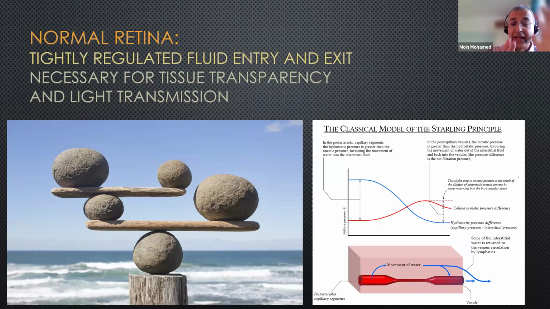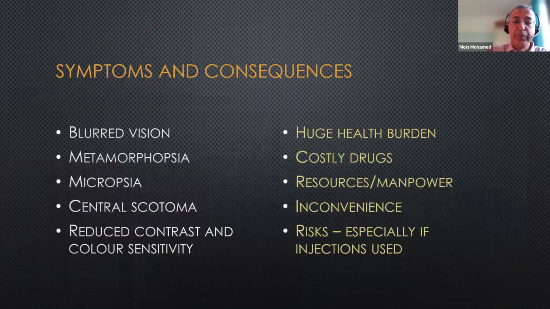So fluid goes out and then it's sucked back in again. It has to be really tightly maintained to maintain tissue transparency and light transmission. And whenever the tissue swells or becomes disrupted, whether it's exudate or hemorrhage, light transmission to photoreceptors becomes impeded, and that will translate to suboptimal vision.